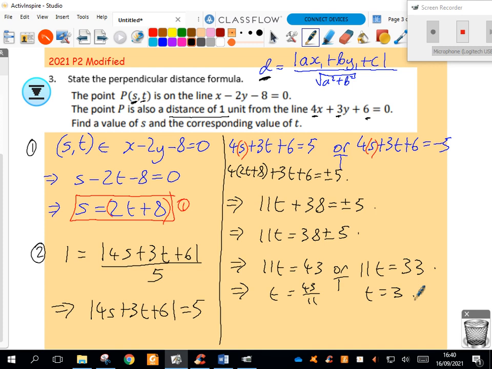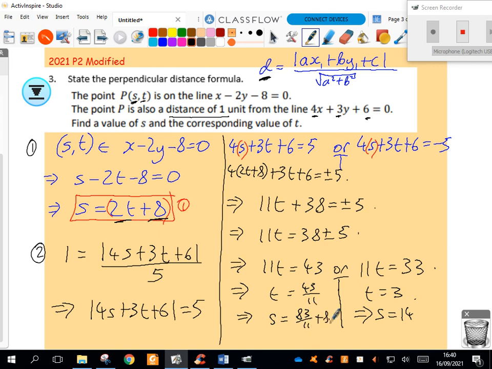I also want to find a value for s. Well, we know that s is equal to double t and add 8. So the second one I might do first. If t is equal to 3, s would be double t, 6, add 8, 14. If t is equal to 43 over 11, then s would be equal to double 43 over 11, which would be 86 over 11, plus 8.